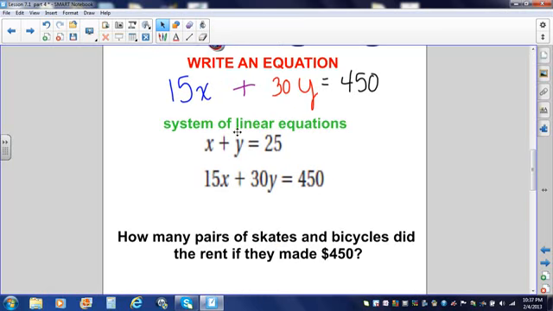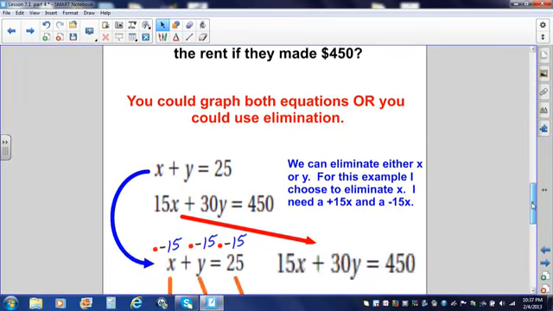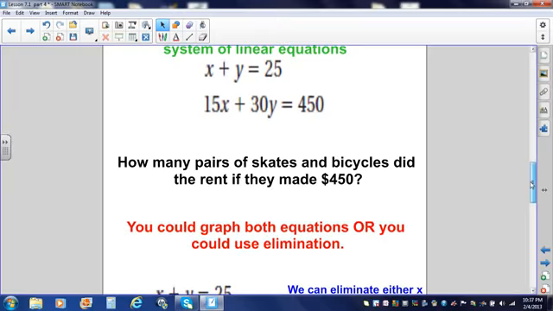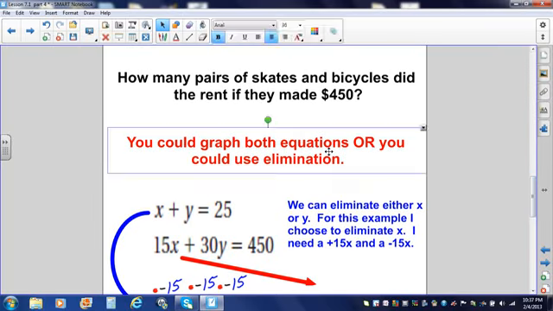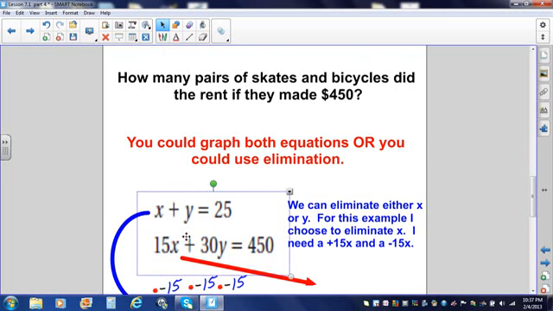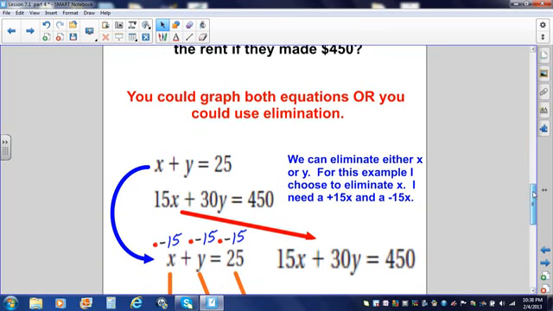Now you could solve this system of linear equations by graphing them. But I'm not going to lie to you, that would be rather tough because you have very large numbers. So instead of wasting all this time graphing it, why don't we do it a different way?